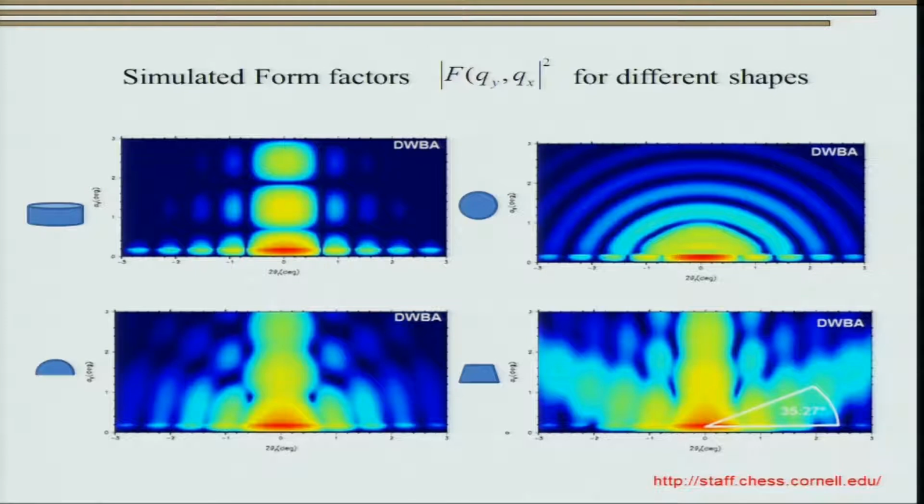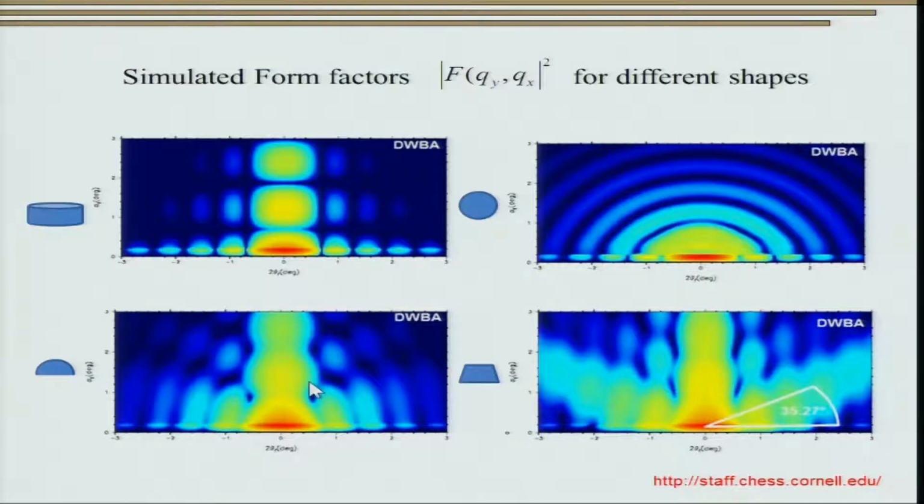Now, if we have a spherical shape, we get a completely different kind of pattern. So depending on the two shapes, cylindrical versus spherical, we get different form factors in reciprocal space. A similar case is shown for a half sphere as well as for a prism.